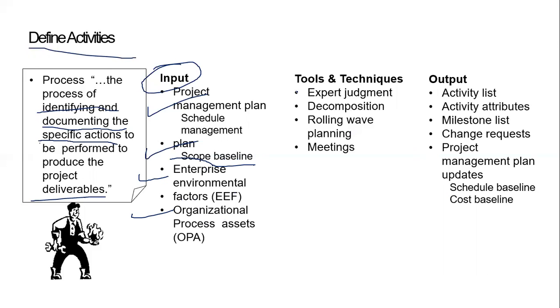What are the tools and techniques? In tools and techniques, we have expert judgment and decomposition. What is decomposition? Decomposition is basically dividing big activities into smaller chunks, smaller parts, and it can go to any level. Practically it can go to 3 to 4 levels, but you cannot just say, hey, I will do construction for 3 months.